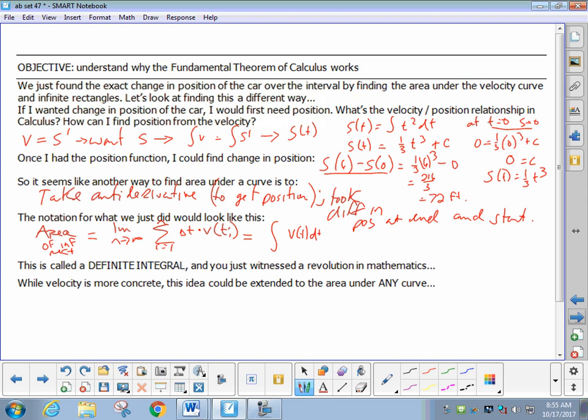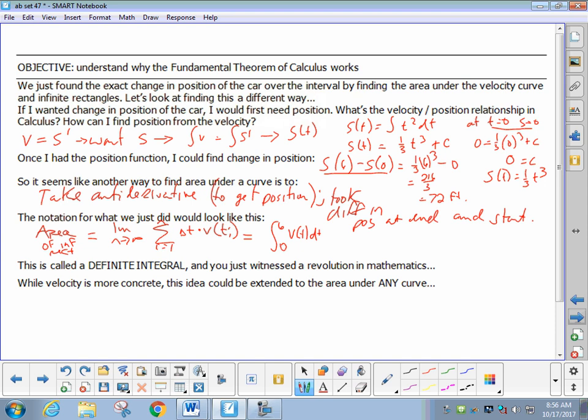When we said change in position, we found the antiderivative and took it at the end point minus the starting point. You follow? Now, in terms of notation here, those go here. We didn't just take the antiderivative. We took the antiderivative and then took the difference from 0 to 6. Now this is called a definite integral.